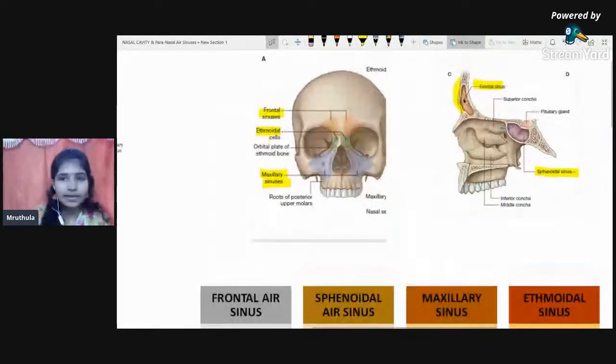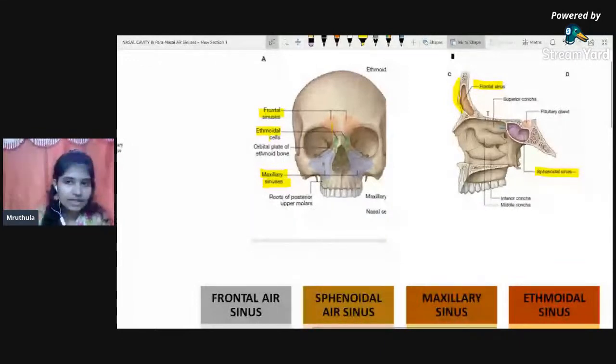And posteriorly, posterior to the frontal sinus, what do you have? Can you guys guess? I think most of you can answer. What do you think is present behind the frontal air sinus? Just see this picture which I'm showing you now. Follow my cursor and tell me. I've shown you the anterior part. What do you think will be the posterior part?